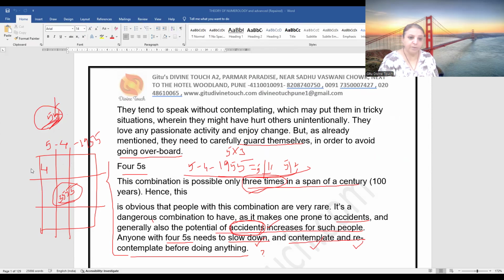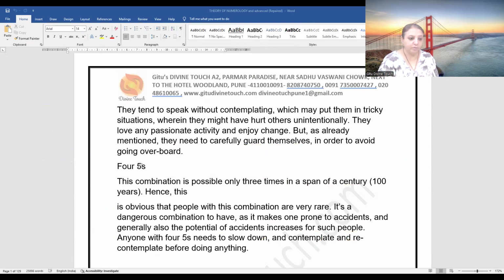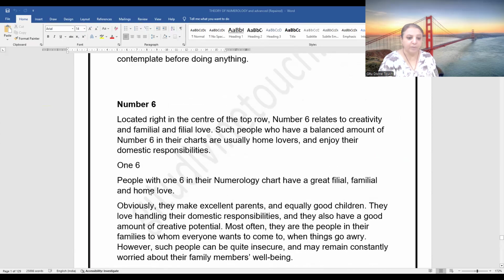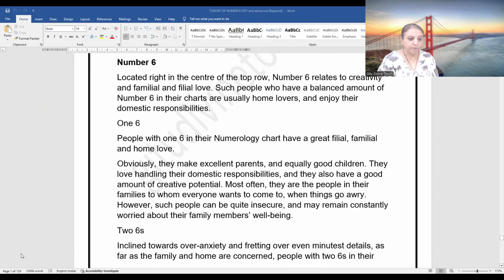For example, I'll go to the next number and explain. Number 6, okay, 6 is 1 6. Now, in this date of birth, 6 is not there: 7, 8, 1, 9, 7, 4, and the destiny number is 9.